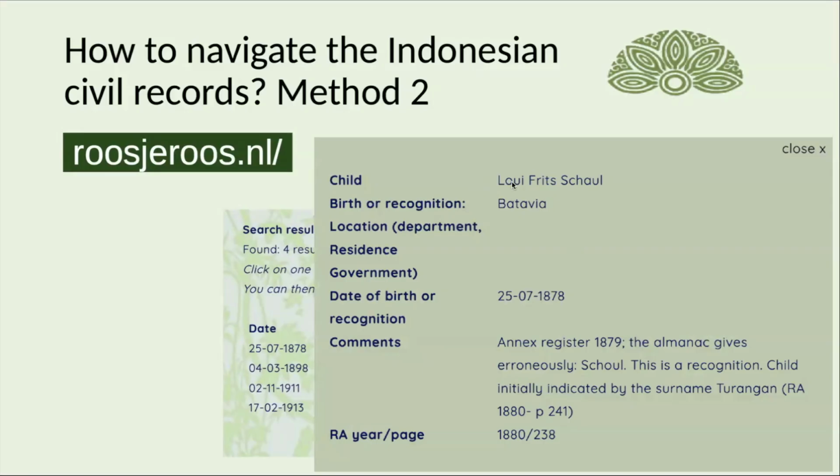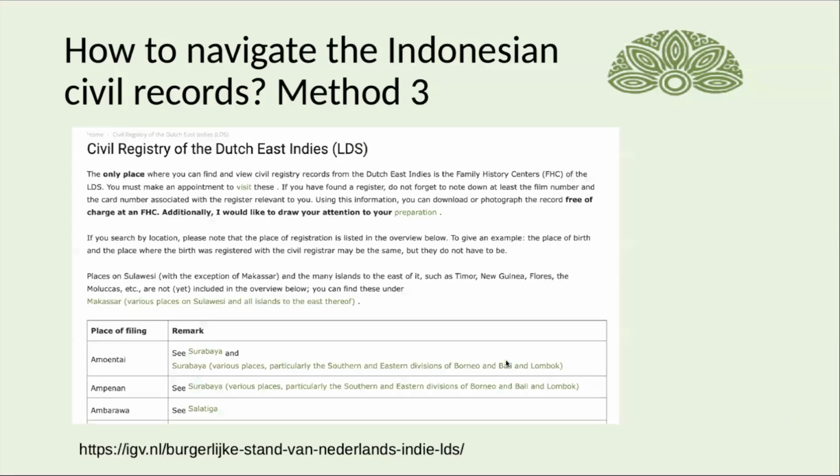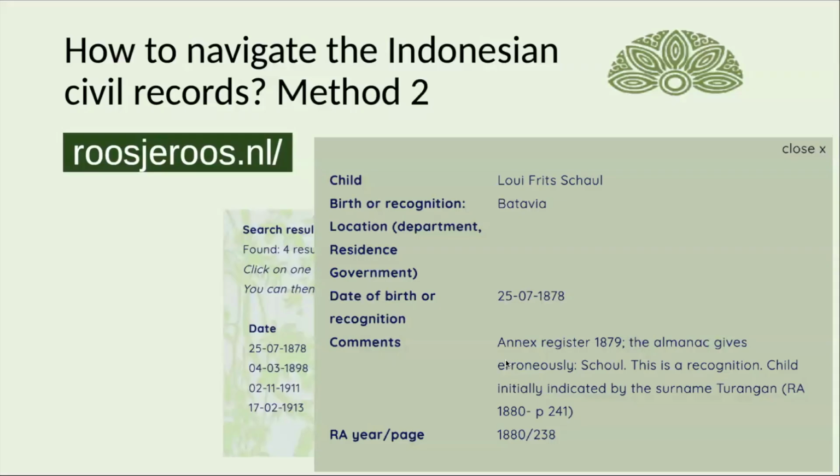You see the name of the child, the place of registration, or at least it says it's a birth. It's registered in Batavia, date of birth, and then comments. So that's method two to access.